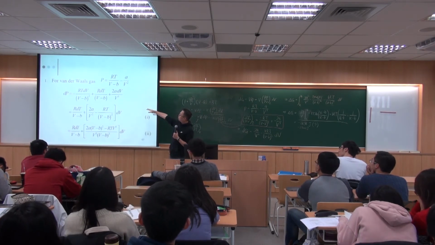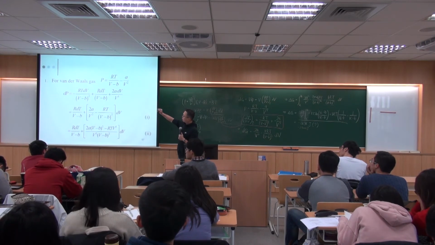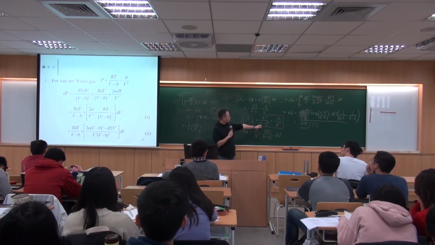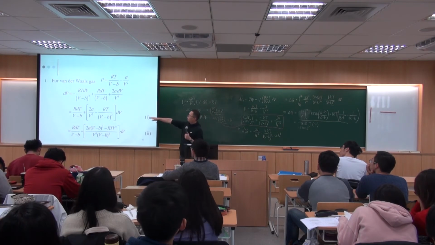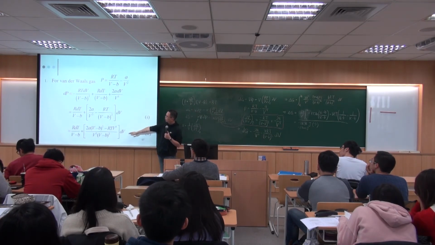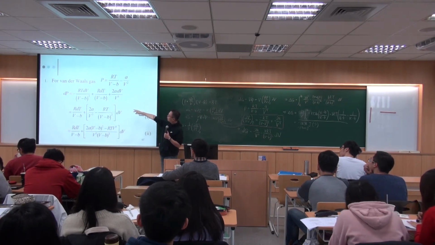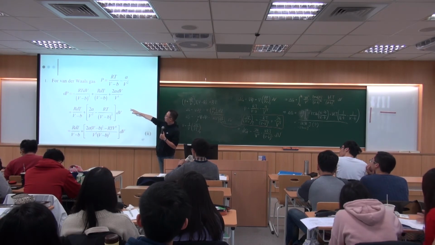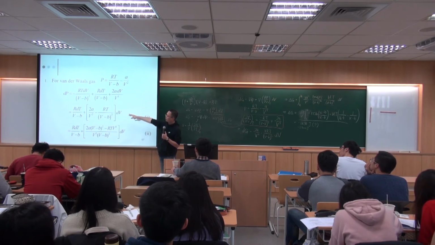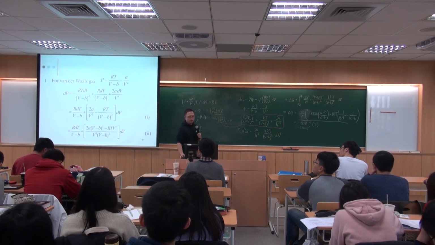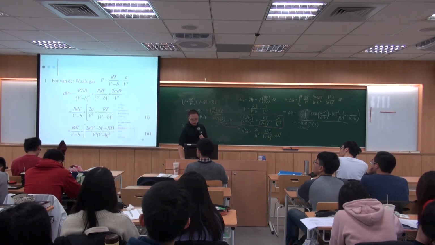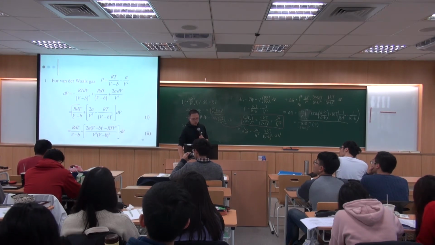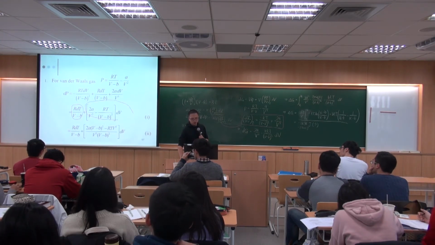What I skipped earlier when I calculated this is that the textbook uses this perfect differential, where you expand dp as a function of dv and also dt. So you have these two terms, this dt term and this dv term.